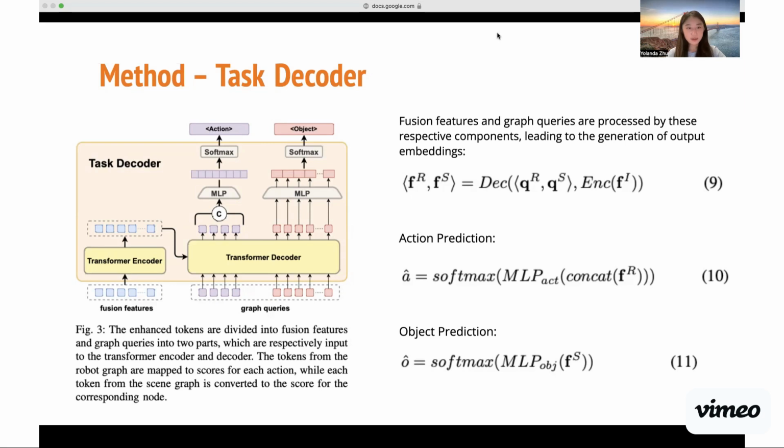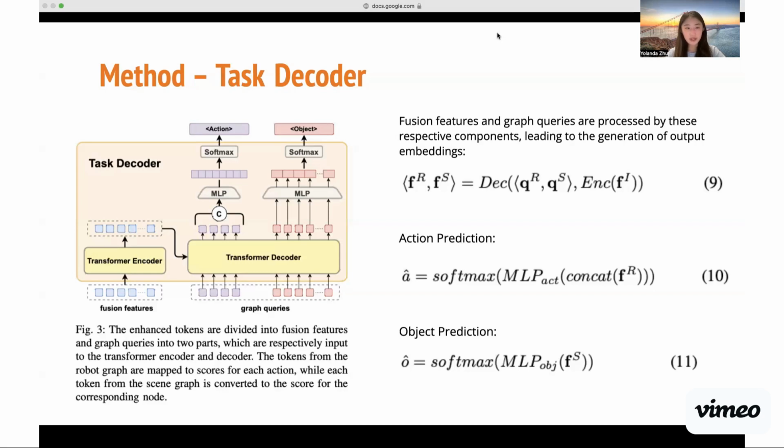The core of the task decoder involves a transformer architecture divided into an encoder, ENC, and a decoder, DEC. Fusion features and graph queries are processed by these respective components, leading to the generation of output embeddings, both F^R and F^S. This is shown in equation 9. The action prediction involves mapping the robot graph's output embeddings to an action score using a multi-layer perceptron, followed by a softmax function to pinpoint the most likely next action.